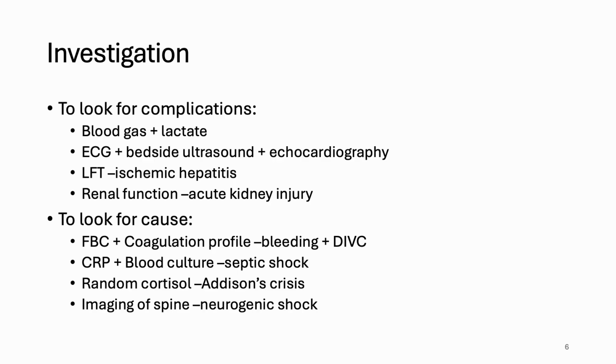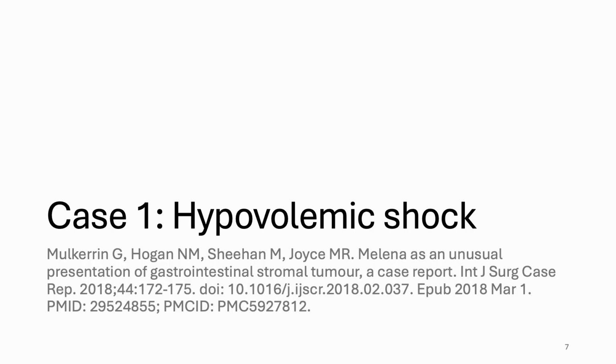But quickly, if you suspect Addison's crisis, take the blood and immediately administer the hydrocortisone. Do not wait for the result. Imaging of the spine if you are thinking about neurogenic shock, especially if patients have incontinence and syndromes of cauda equina or conus medullaris. We will now look at three case reports.